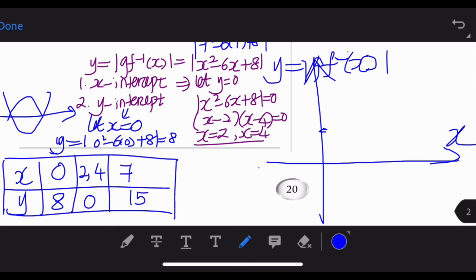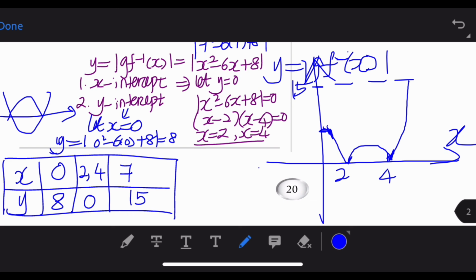At 2 and 4. So the 8 is here. Basically we draw the quadratic function, then the negative part we will invert. So 4 here, something like this, then only we'll go up again. So this point is actually 15.